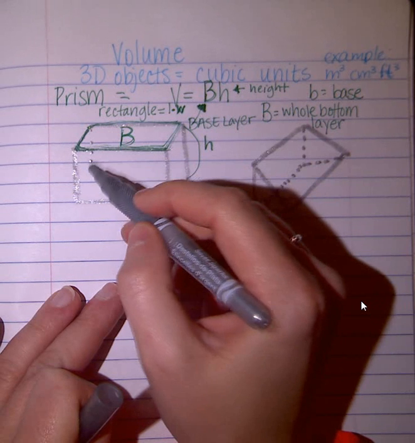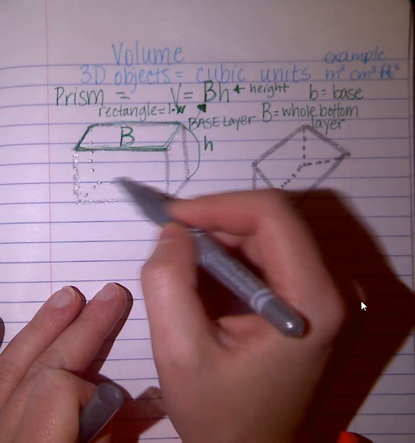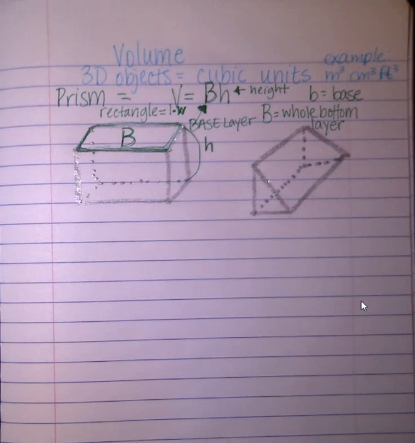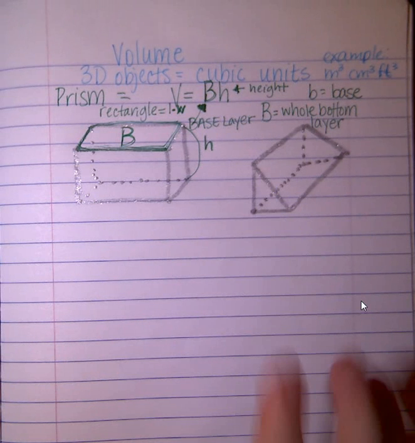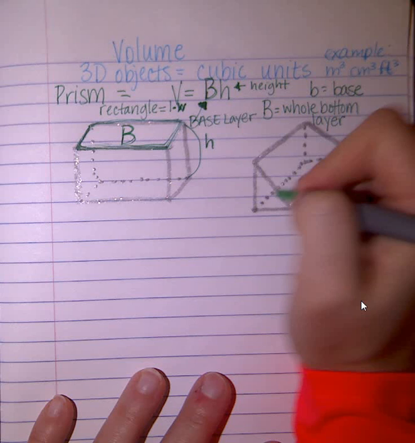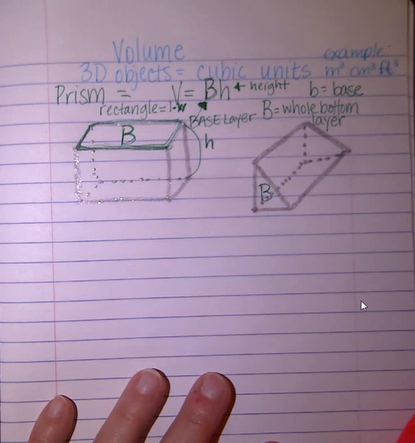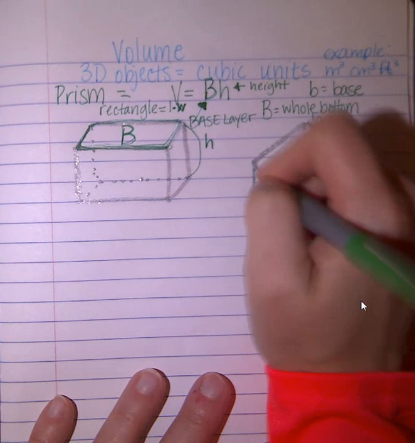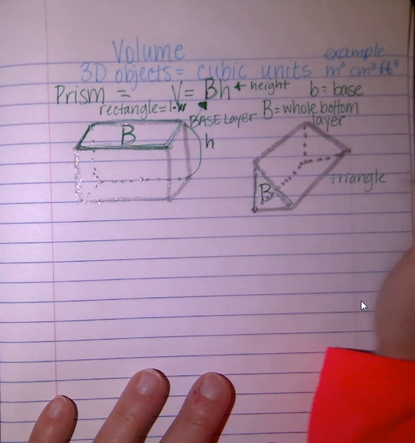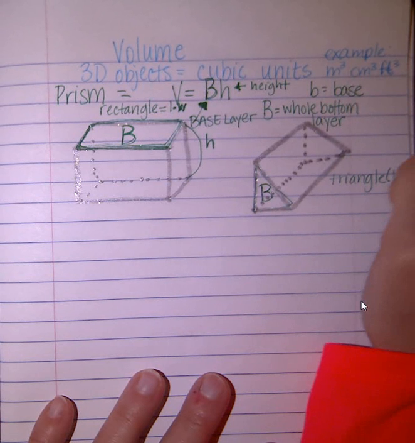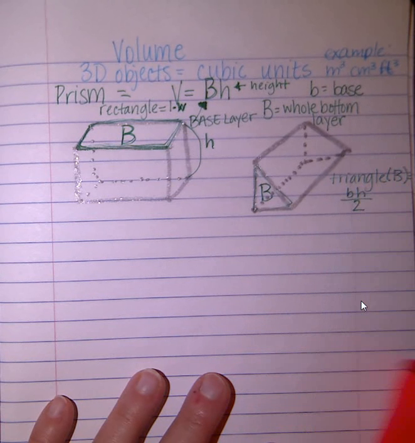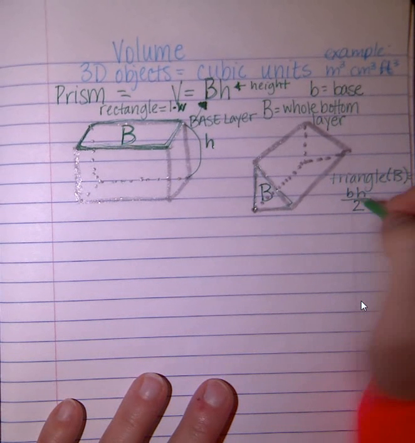It helps me to do these dotted lines so you can see the third dimension. It has triangular bases. So the big B would be this whole base of the triangle. For a triangle, the big B would be little b times height divided by 2. It's just the area of the triangle.